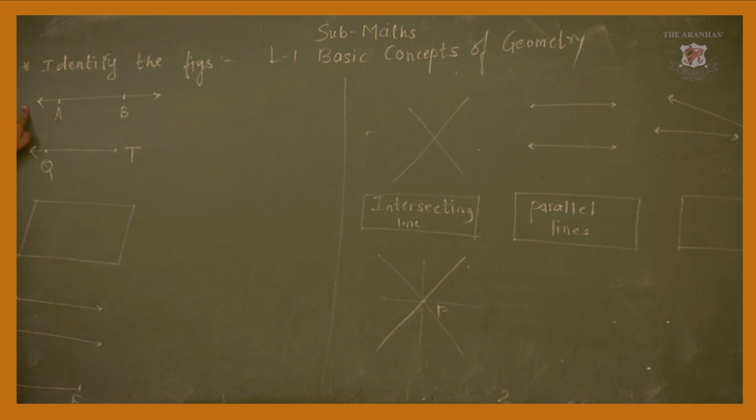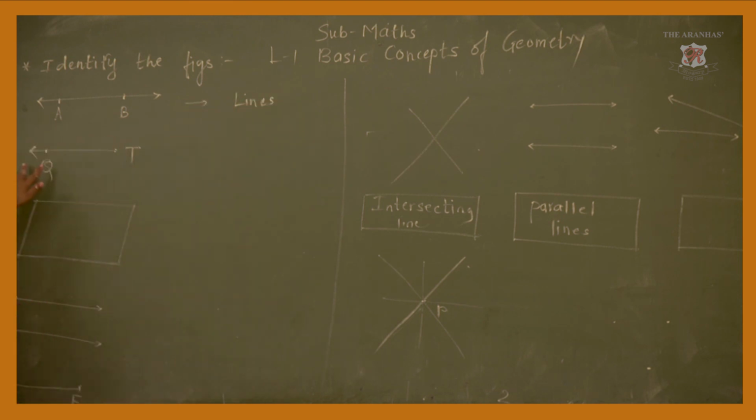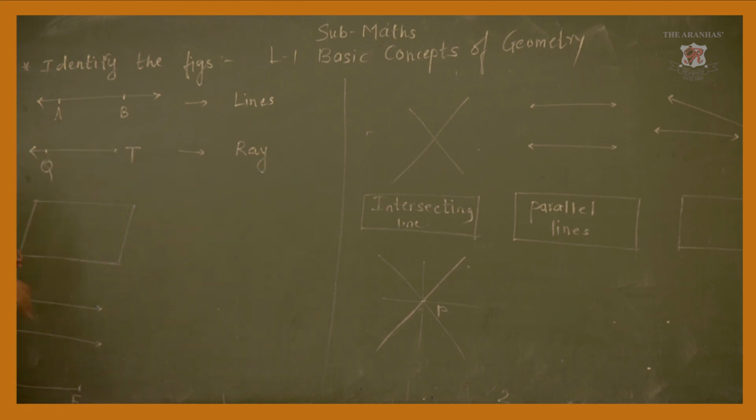Yes, the first figure is of a line, correct. The second figure is of a ray, yes, correct. We have to read it as ray TQ, not as ray QT, because I told you that we have to start from the origin and go in the direction where the arrow is, in one direction.